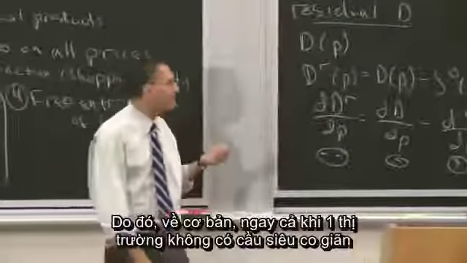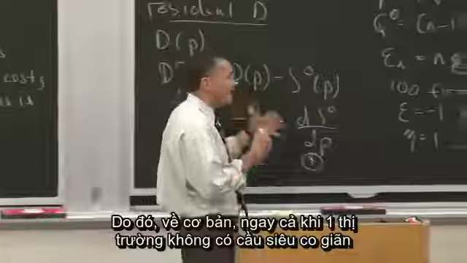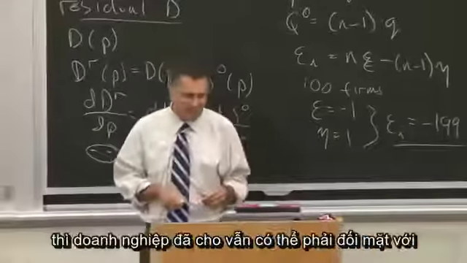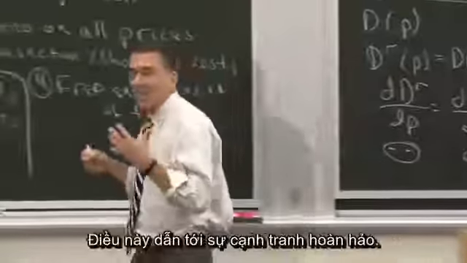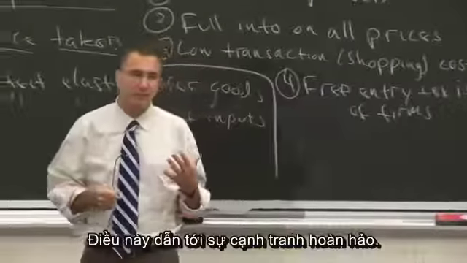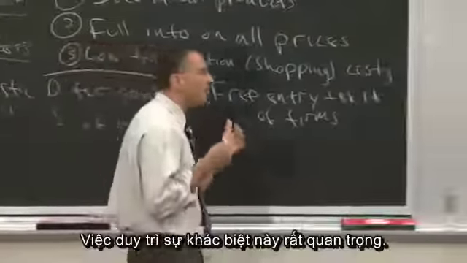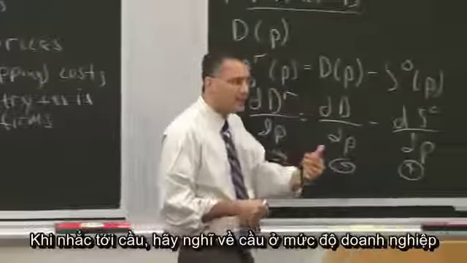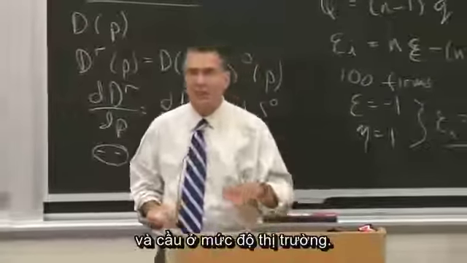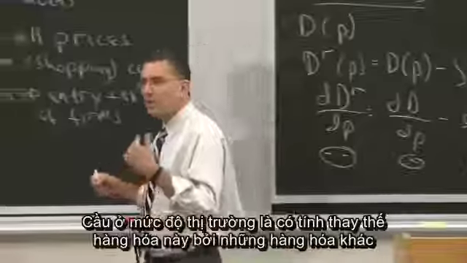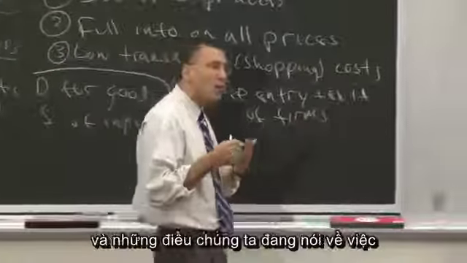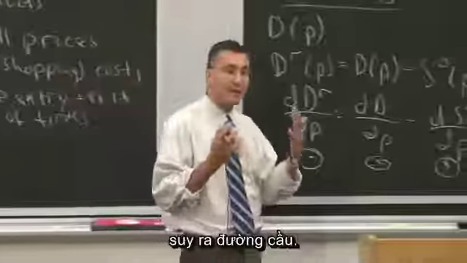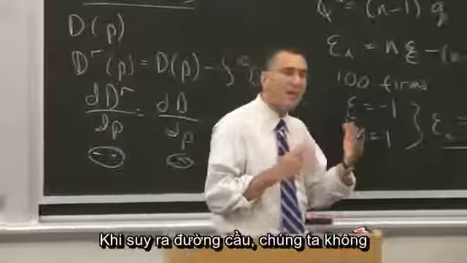So the point is that even if a market does not have super elastic demand, a given firm can face very elastic demand, and that's what can lead to perfect competition. It's very important to keep those distinct when we talk about demand at the firm level versus demand at the market level. Demand at the market level is about substitutability with other goods and the things we've talked about in deriving demand curves.